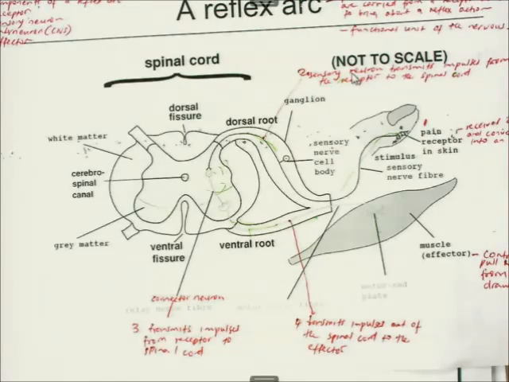A burning stove. The other function of the spinal cord is that it serves as a pathway for impulses to reach the brain. And again, it serves as a pathway for impulses to reach what? To reach the effectors, which are our muscles as well as our glands.